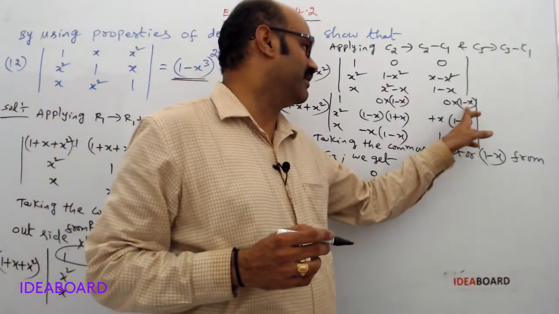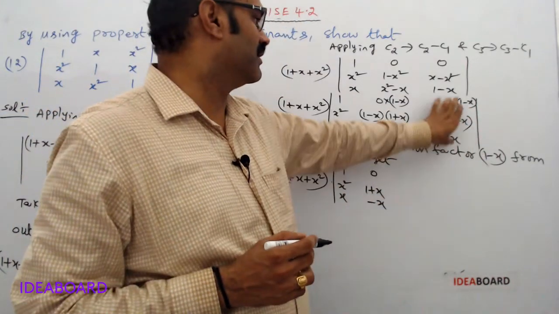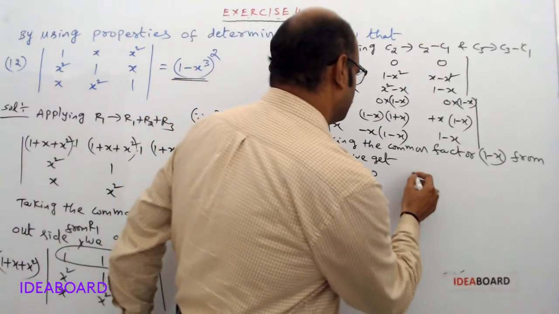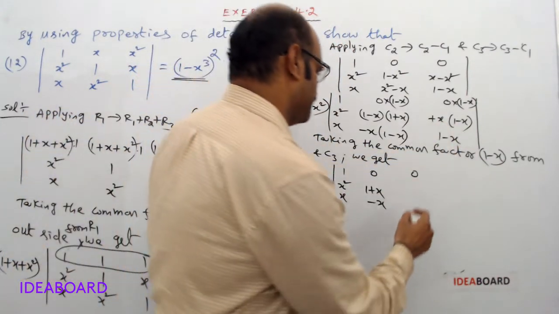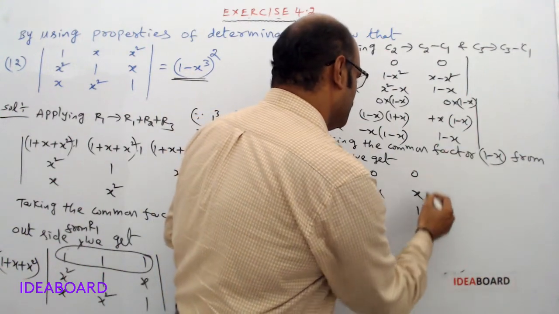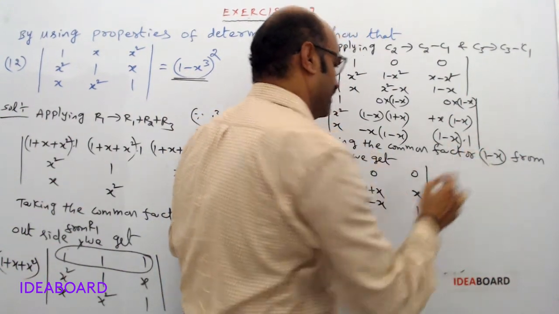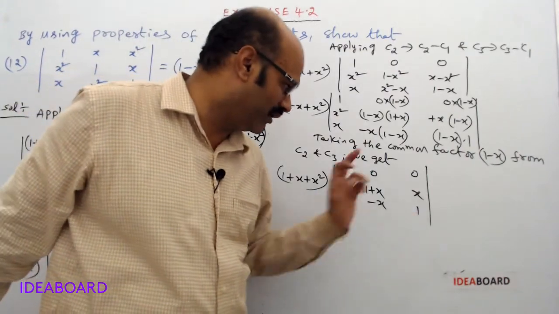Next, take 1 minus x common from C3: 0, x, and 1.